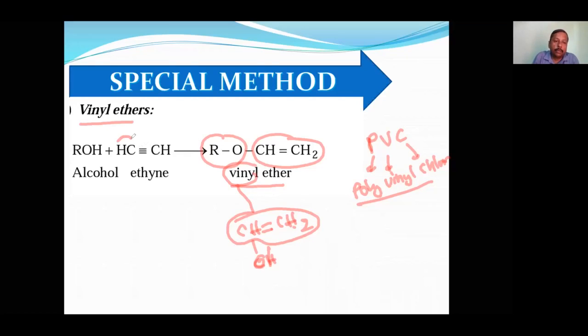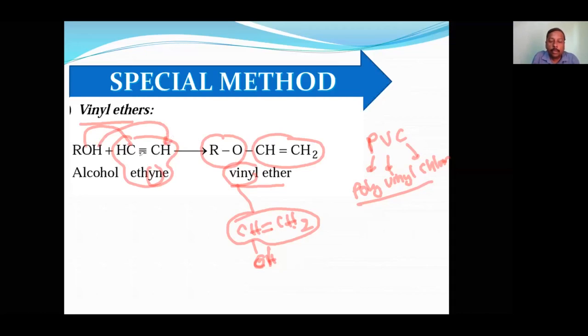For that, first we will take ethyne. The triple bond is there, so it simply adds itself. Hydrogen will be added here, and this oxygen will be added to this carbon atom, and this hydrogen to this carbon atom.